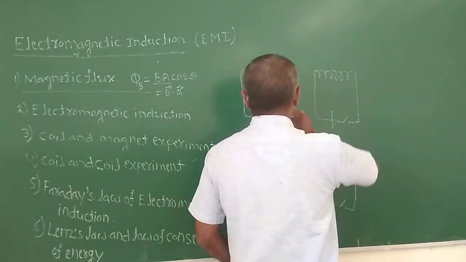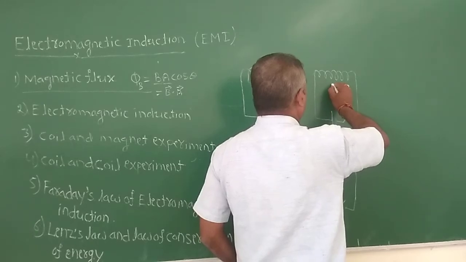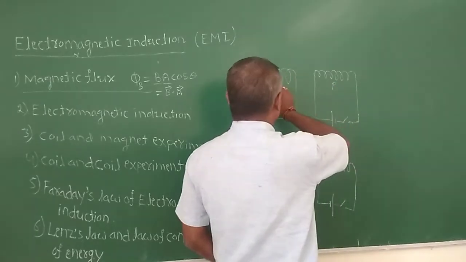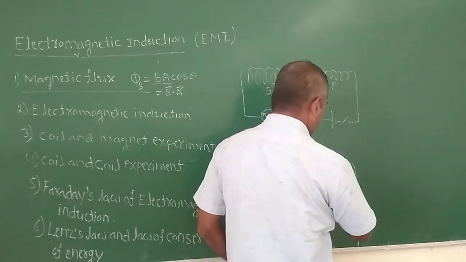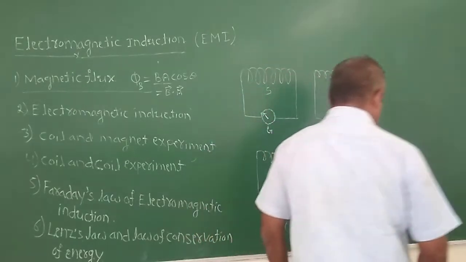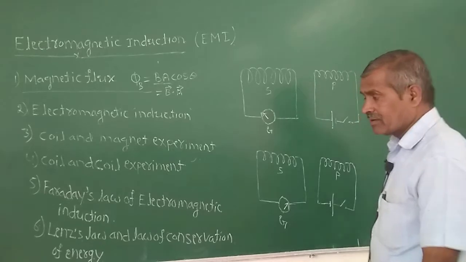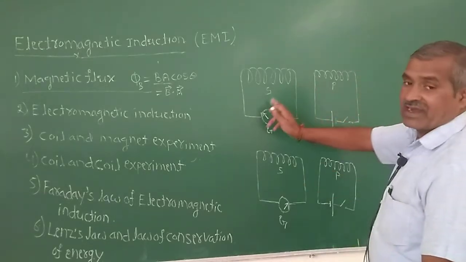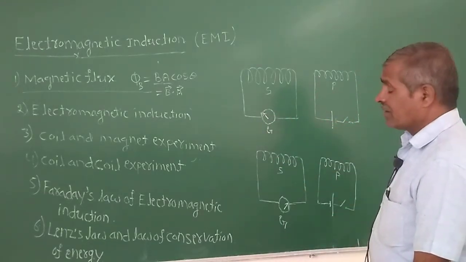Say this is the primary coil and this is the secondary coil. There are two coils: the first one is the primary coil and this is the secondary.